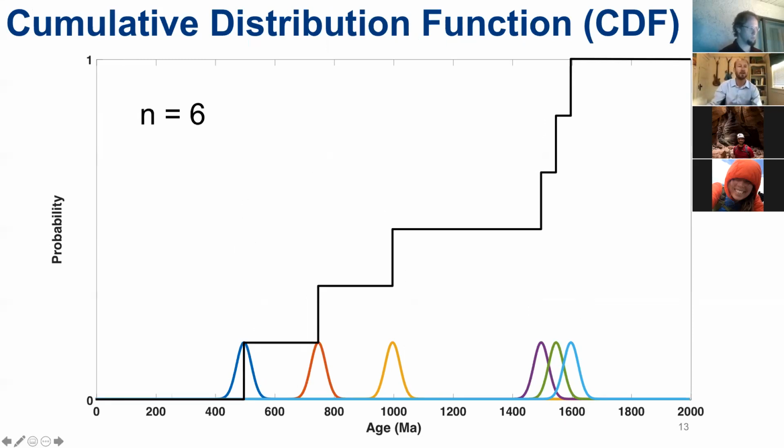You can say at 200 million years, there's a 0% chance that you're going to find one of those ages if you analyzed another grain. Whereas if you go to say 1,000 million years, and then you track that here, there's the third stair step, you have a 50% probability of obtaining another age that's younger than 1,000 million years.